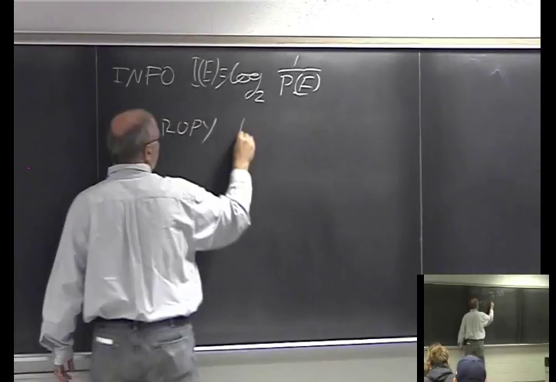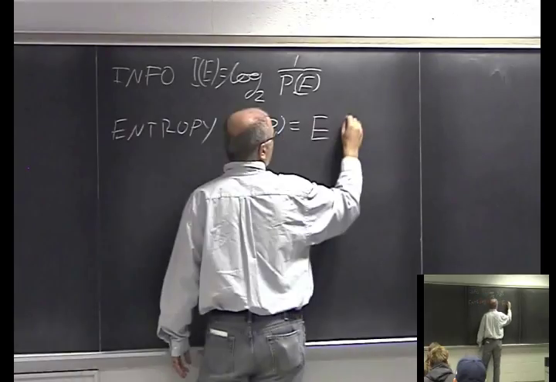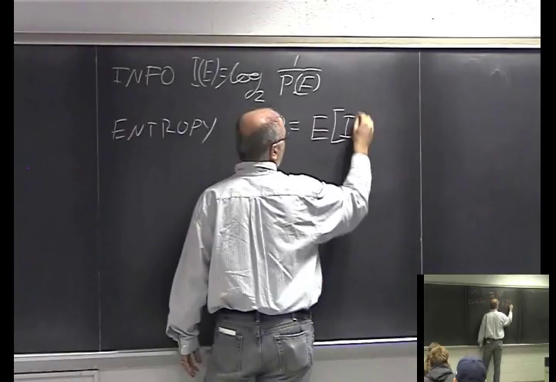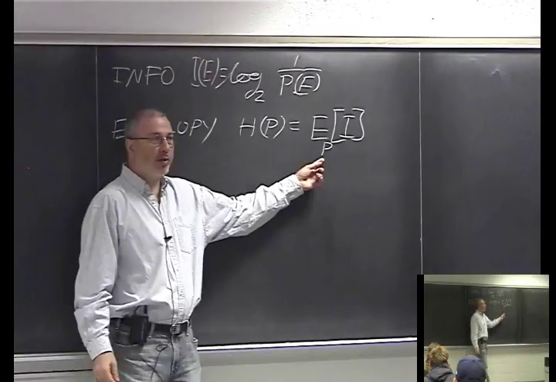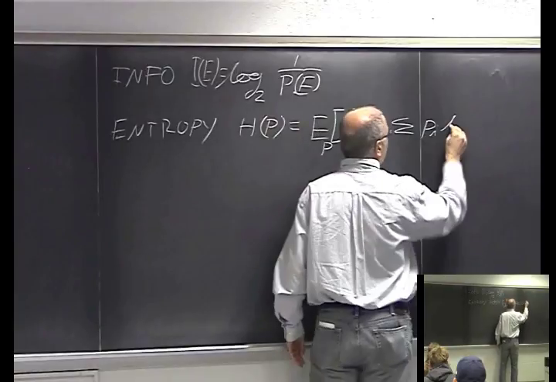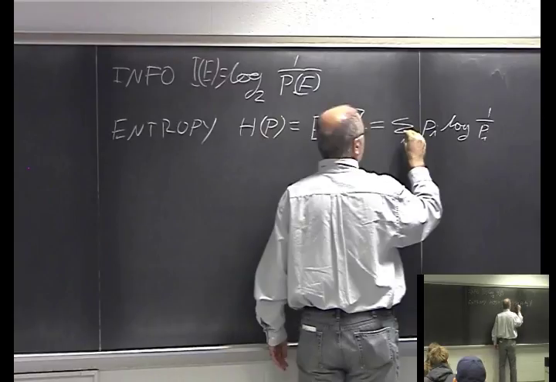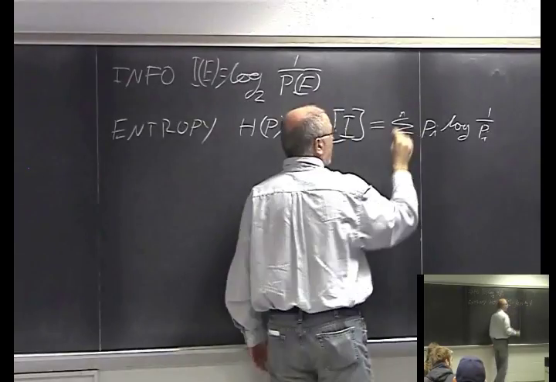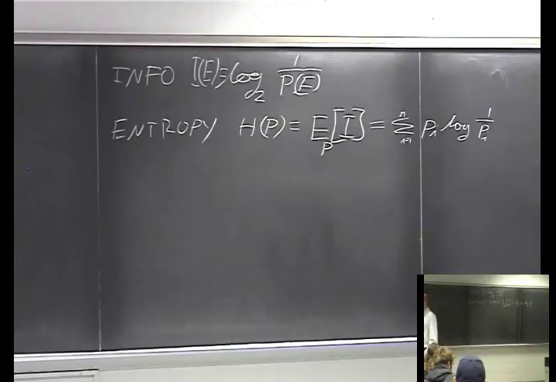Entropy of a distribution is the expected value of the information under that distribution. This is this P here, and it boils down to, in discrete cases, sum of pi log of 1 over pi. In continuous cases, or in infinite cases, there's an obvious generalization.